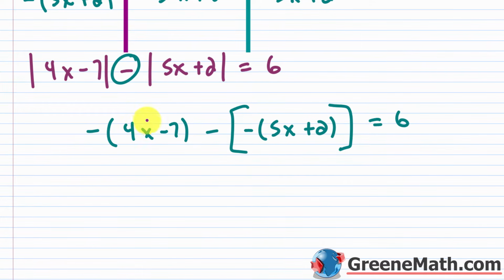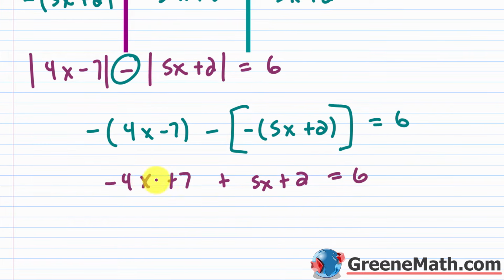So here I'm going to distribute this negative to each. So this is negative 4x and then plus 7. And then I'll put my minus sign out in front. And then inside of here, this would be negative 5x and then minus 2. And then to distribute this negative, this would be a plus. And then this would be a plus also. Okay, so make sure you use brackets or parentheses so you don't make a sign mistake with something like this. So then this equals 6.